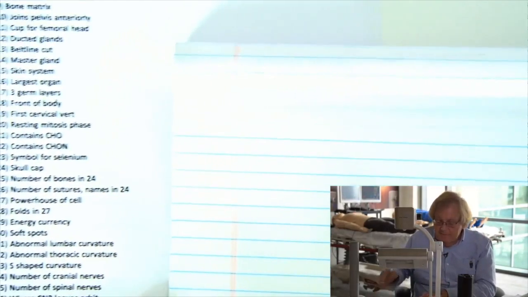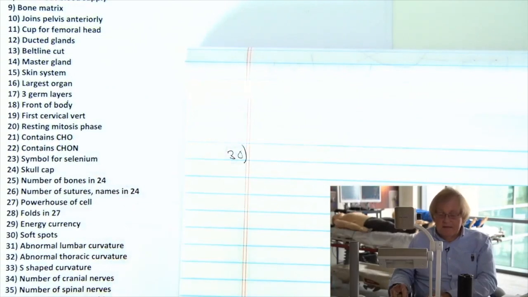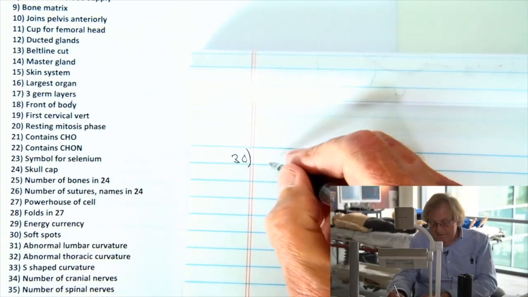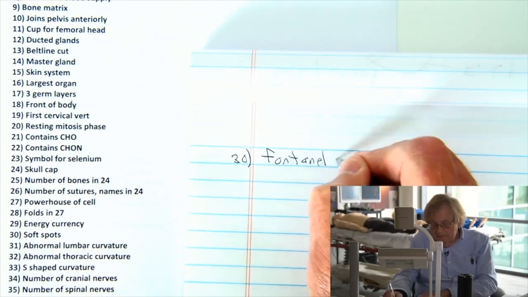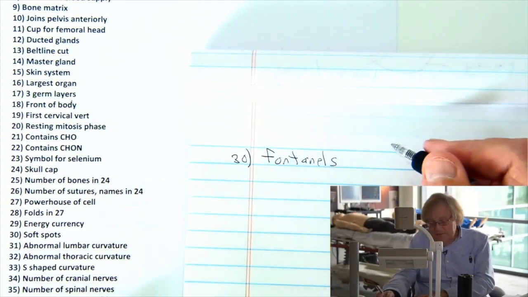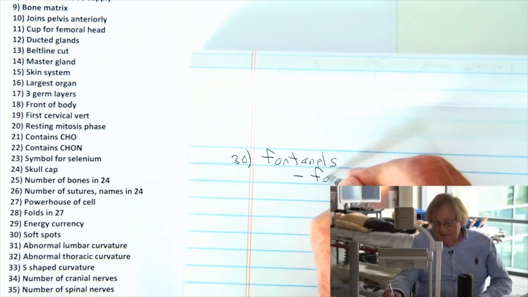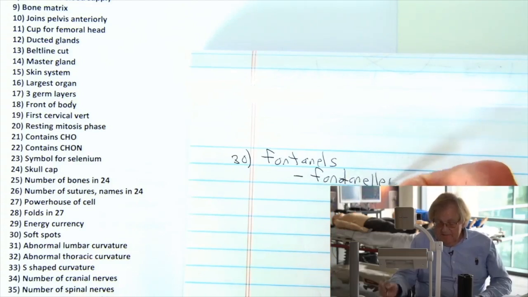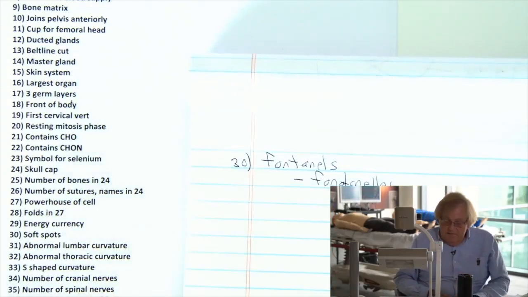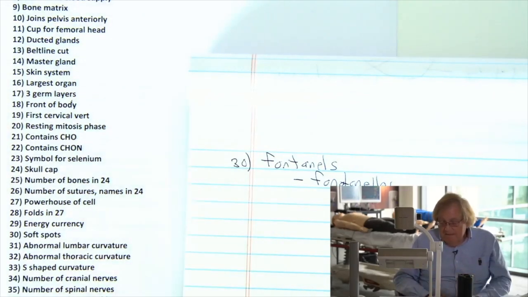Everyone's heard of soft spots because someone said, be careful to drop the infant on its head, and therefore that's called the fontanelles. I've seen fontanelles spelled a couple different ways, so there's different spellings for it, but just think those are where the soft spot of the infant's head.